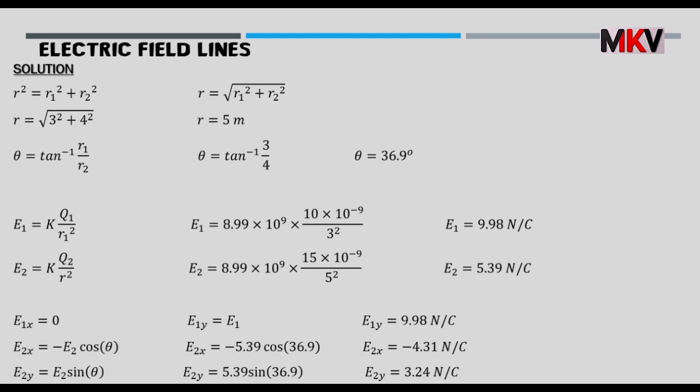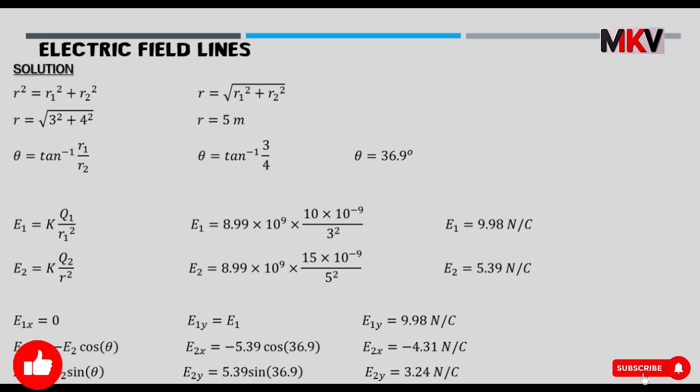E2 is 5.39 cos 36.9, therefore giving E2x minus 4.31 Newton per Coulomb. Now E2y equals E2 sin theta. Substituting the values, we have 5.39 sin 36.9. Therefore, E2y equals 3.24 Newton per Coulomb.